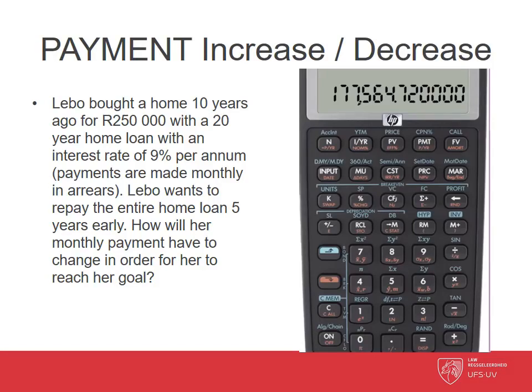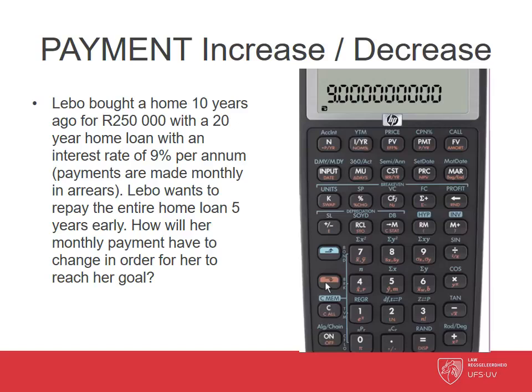And now 5 years early means that she wants to only have 5 years left. So 5, second function n, meaning she still pays within 60 months and at 9% interest. Nothing changes there.